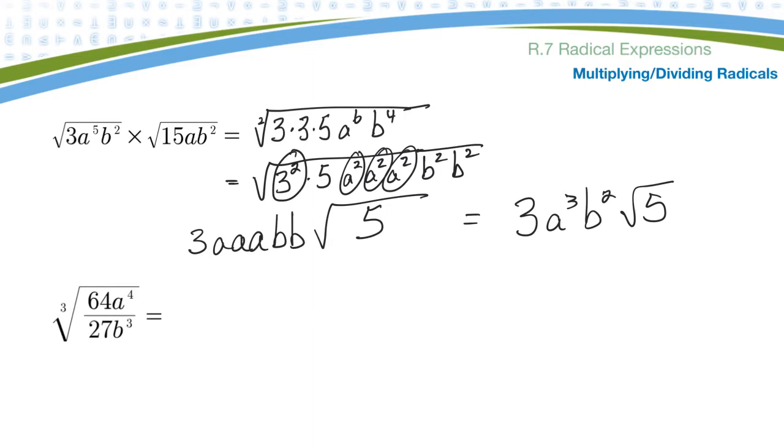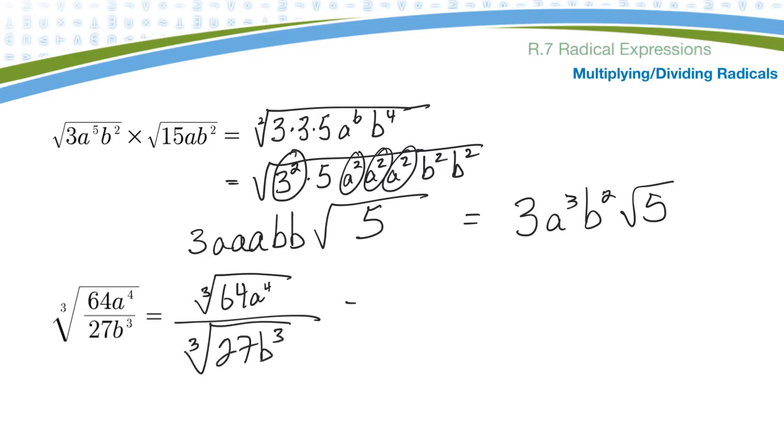Here's a cube root of 1. Let me try this one. I'm going to rewrite it as cube root of 64A to the 4th and cube root of 27B cubed. On the top, I know 4 times 4 times 4 is 64. So I can bring a 4 out because that's 3 4's.